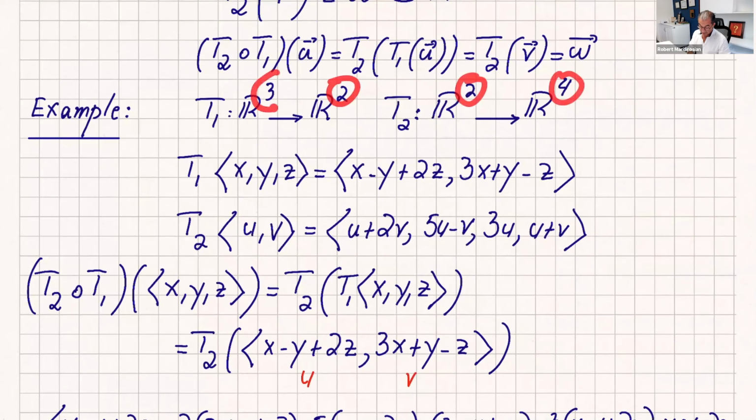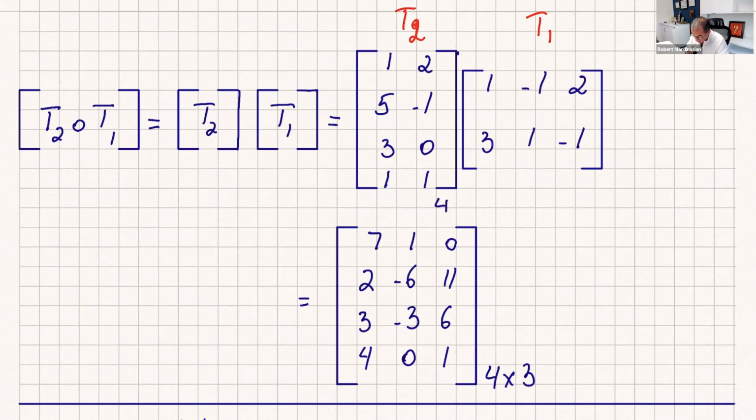Now let's multiply those matrices. So if we take T2 times T1 and we multiply, and I'm sure you know matrix multiplication already, this is 4×2, and that's 2×3, and if you multiply, you should get a 4×3 matrix, which we do.